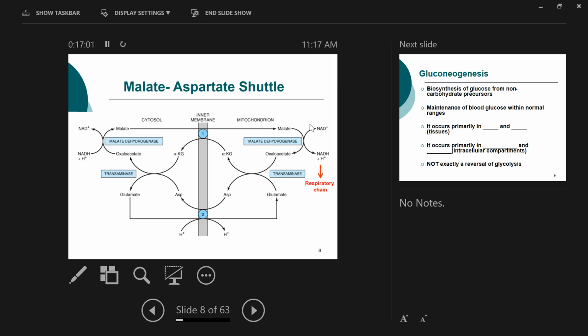And I just wanted to remind you again, the NADH produced in the TCA cycle, because it's already in the mitochondria, will always generate 3 ATPs, right? So only NADH that is produced in the cytosol, depending on the shuttle system, produces either 3 or 2 ATPs, right?